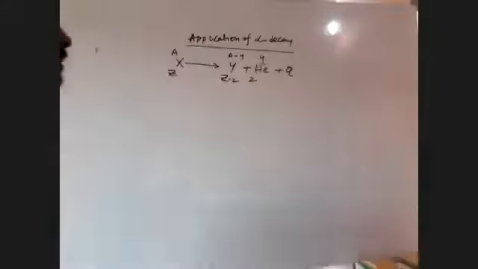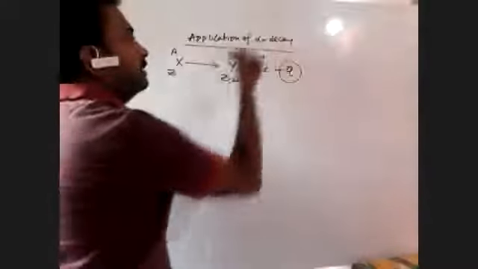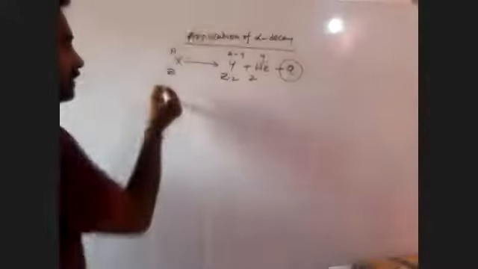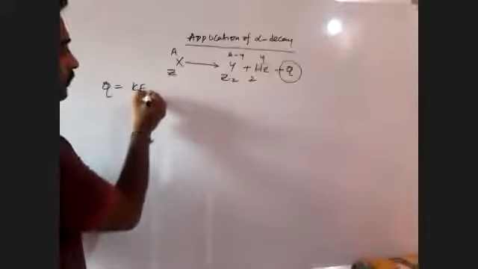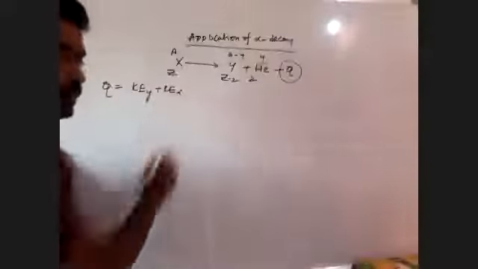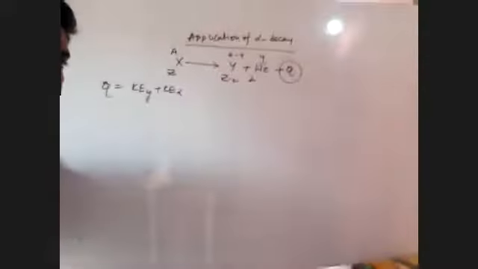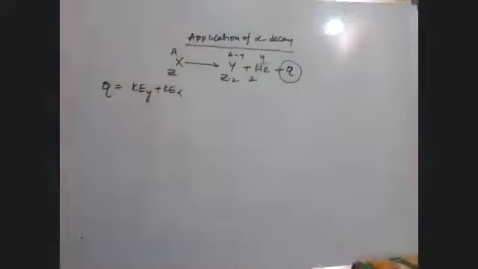Now our discussion in the application is about this energy. This energy Q is equal to the kinetic energy of the daughter element plus the kinetic energy of the alpha particle. Now, what are these kinetic energies exactly?